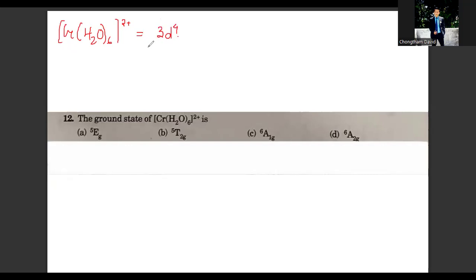And the next step is determination of the high spin nature of the complex. So chromium in this complex, hexaaquachromium(II), is a high spin complex because water is a weak field ligand and it does not cause large splitting in the crystal field. As a result, the electrons prefer to remain unpaired in the higher energy orbitals rather than pair up in the lower energy orbitals.